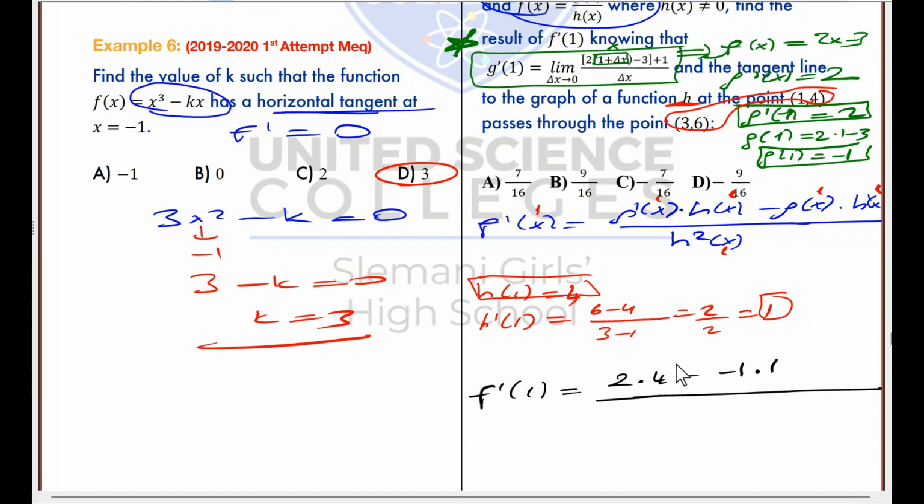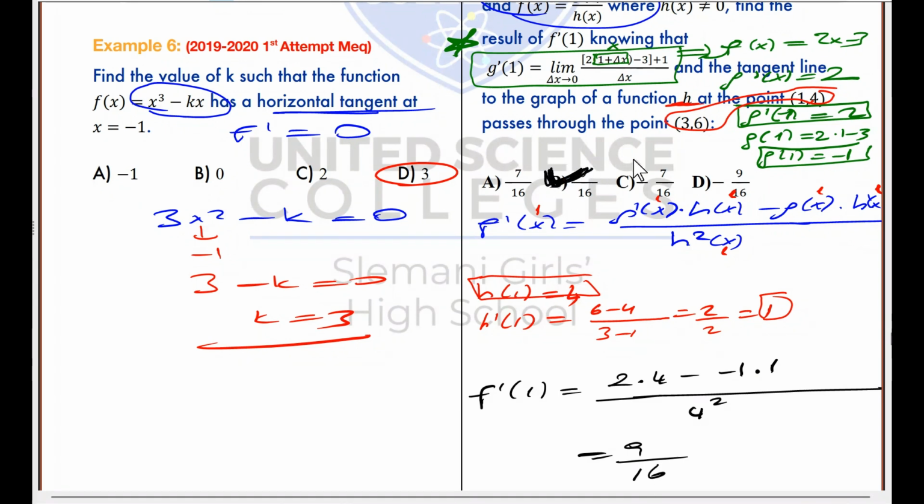What was h of 1? It was 4, so you square it. So I think I'm almost done. 4 times 2, 8. Negative, negative, positive, 1, 9. Over 4 squared, 16.